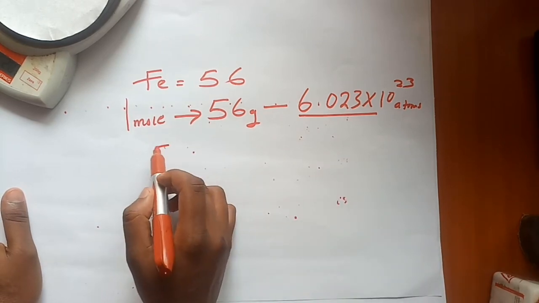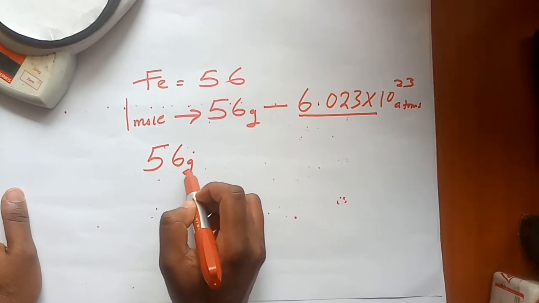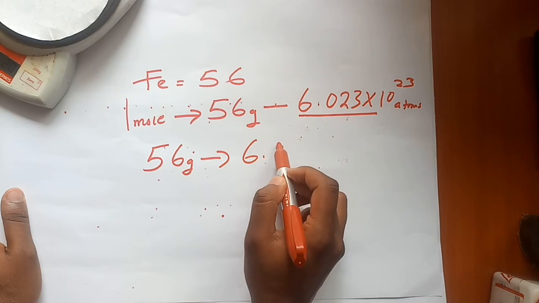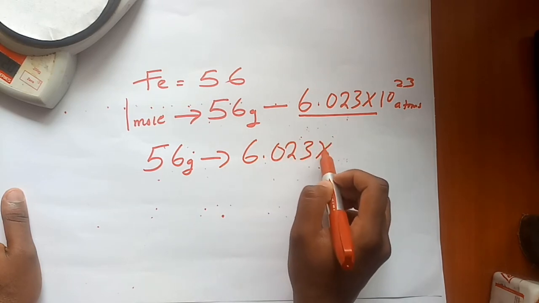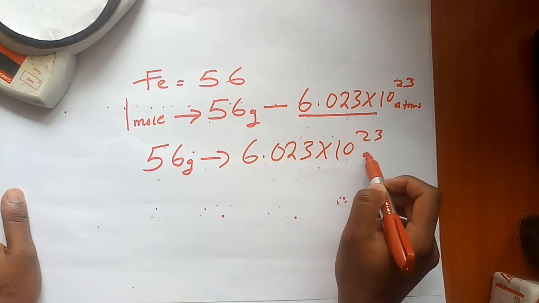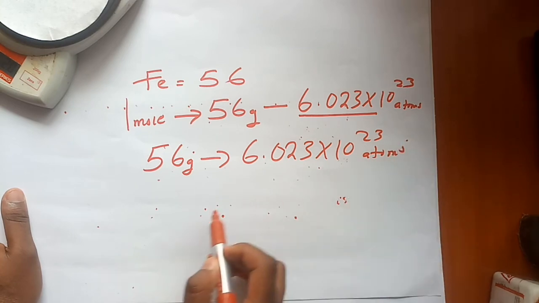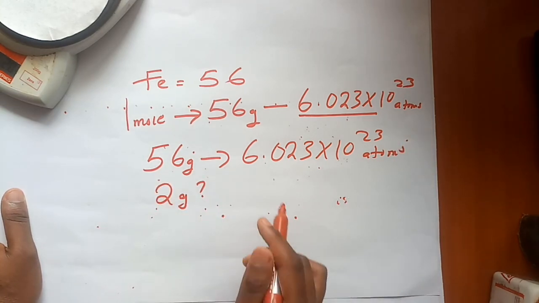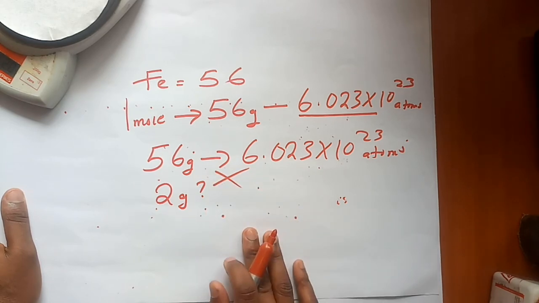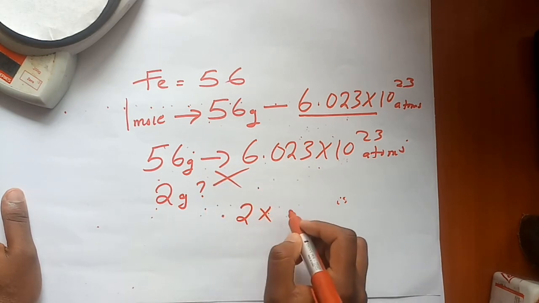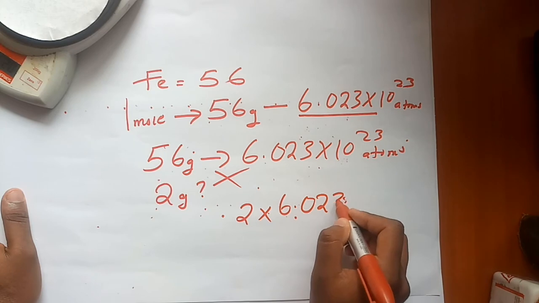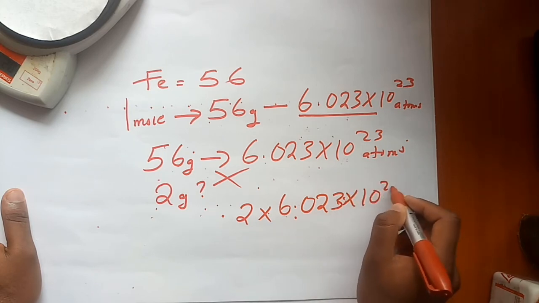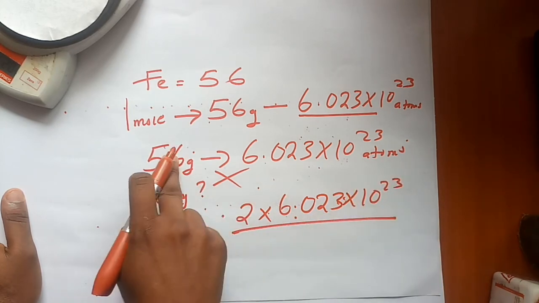Therefore, how do we determine now the number of particles in our 2 grams? We simply say 56 grams has this number of particles, 6.023 times 10 to the power 23 atoms. You simply ask yourself, what about our 2 grams? And it is very easy. I always say cross multiply. 2 times 6.023 times 10 to the power 23, divided by 56.